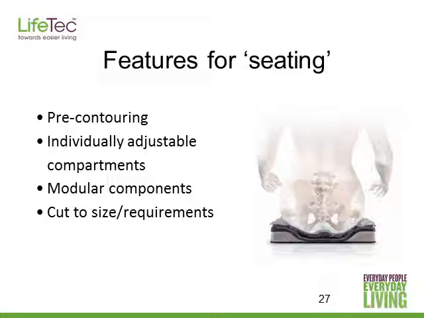There can also be modular components or accessory pads that can be used to customize the cushion to increase pressure relief or for positioning. The ability to cut the cushion to size or requirements is also an advantage. For example, you could use this feature to account for a leg length discrepancy.